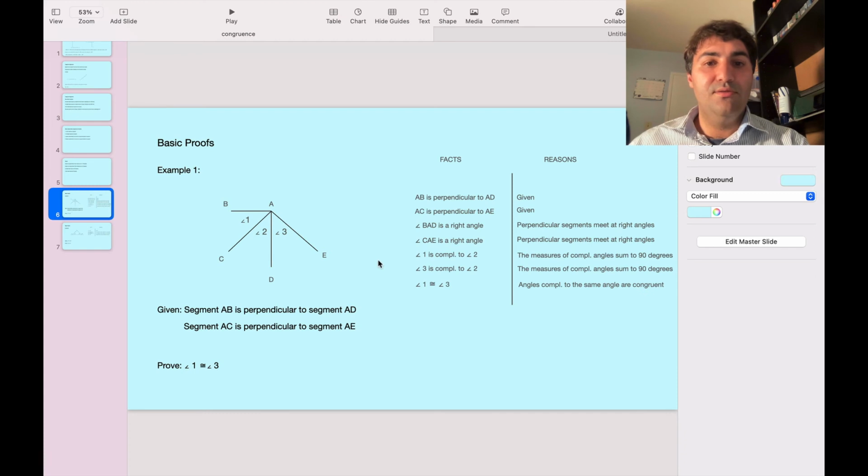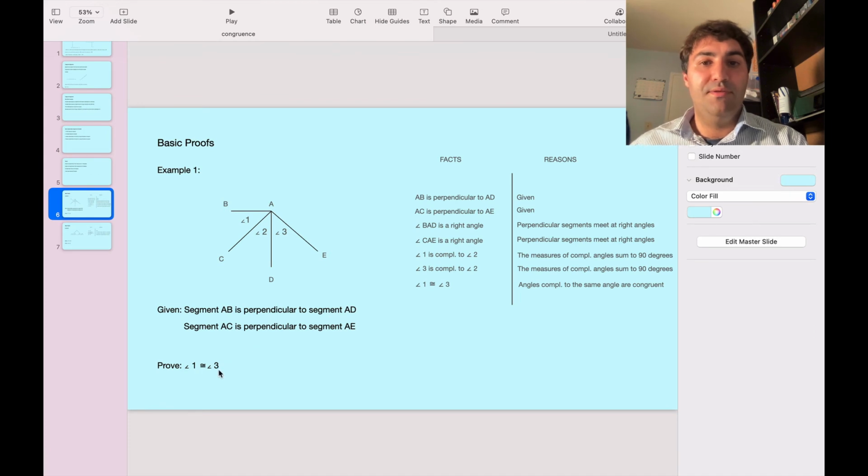Then we can use one of our congruence theorems: angles that are complementary to the same angle are congruent. Angles 1 and 3 are both complementary to the same angle, in this case angle 2, so angles 1 and 3 are congruent to each other.